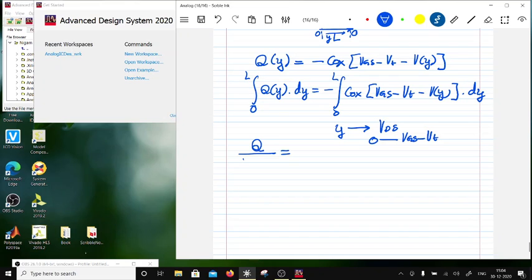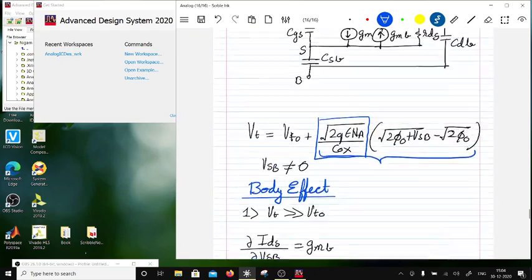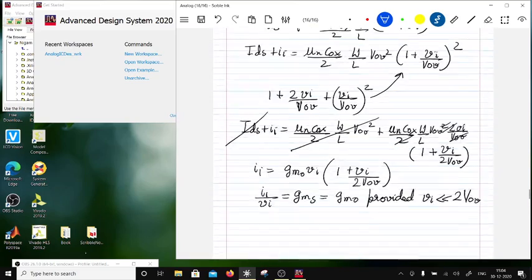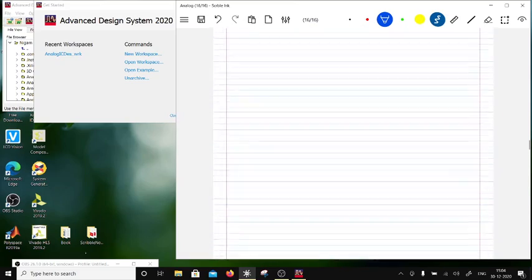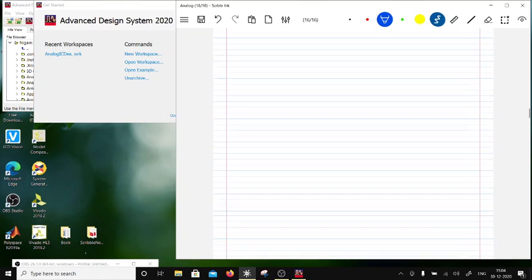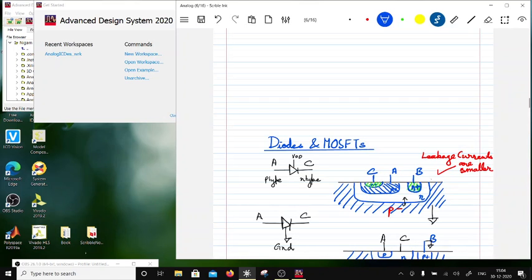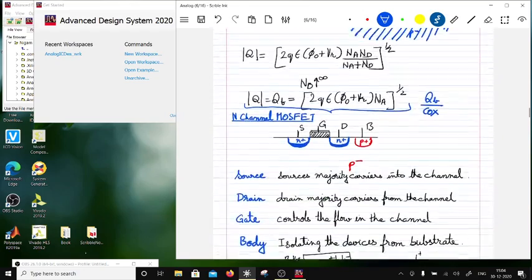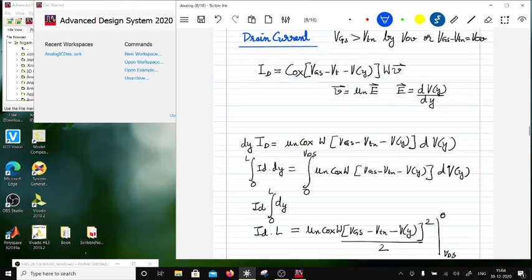For now let us consider Q equal to, and I'm going to substitute dy from a relationship. Let's go back a little, where we were deriving the drain current.